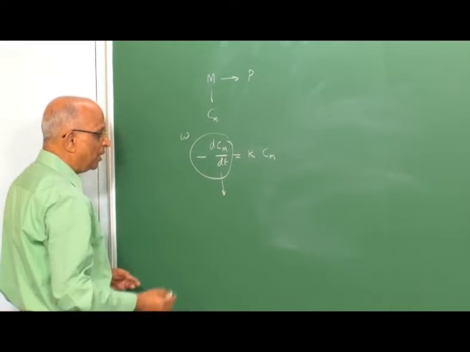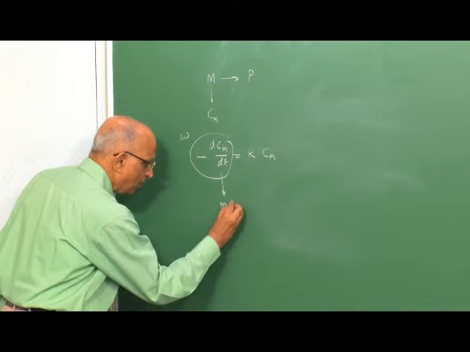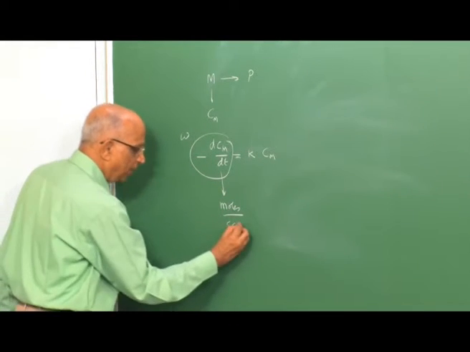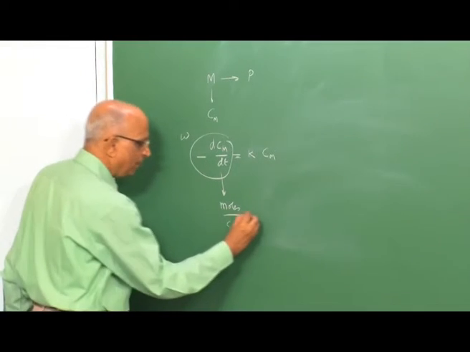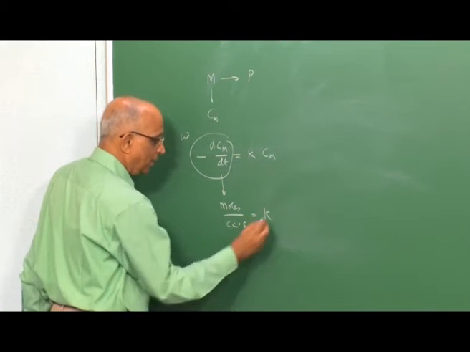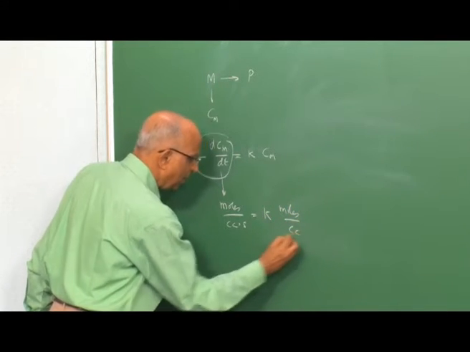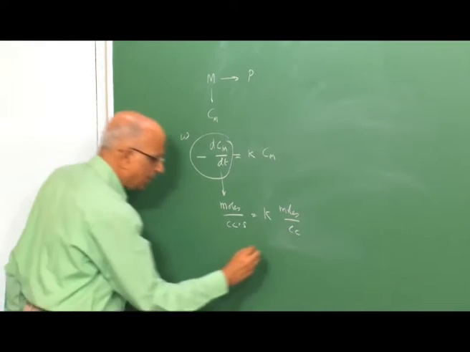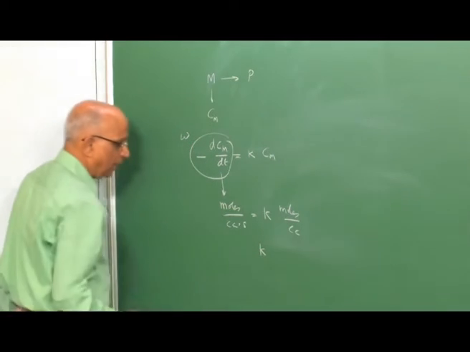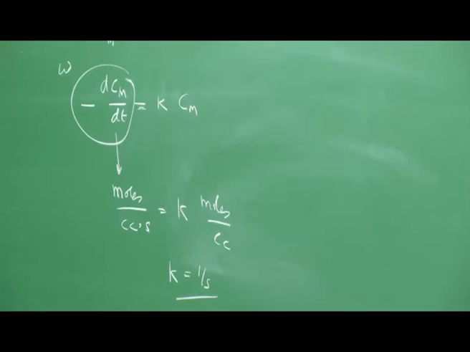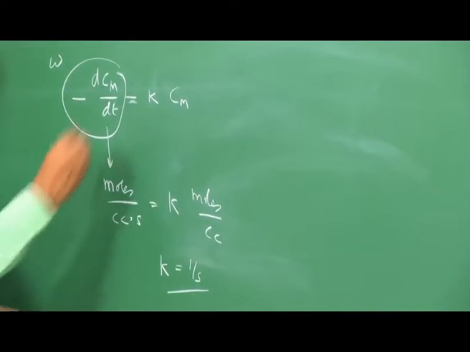Let us put the units down. I have moles per cc, concentration, cc is the volume, into time, so moles per cc second is equal to the constant into the moles per cc, and therefore, for this reaction the unit of K comes out to be 1 over second, and K is known as the reaction rate constant.